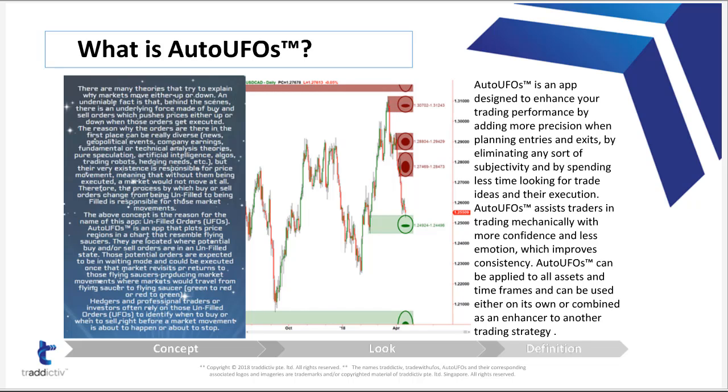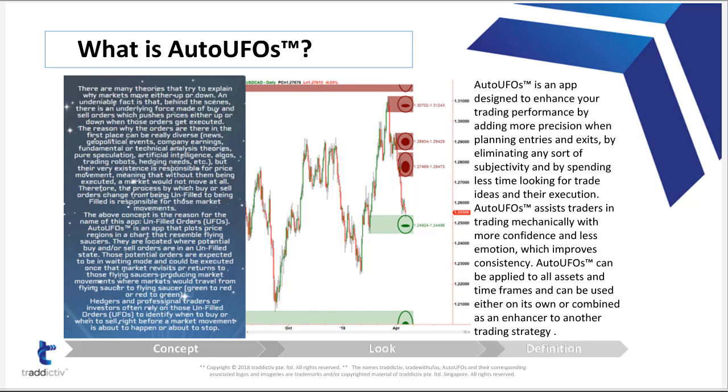So that's the idea. AutoUFOs assist traders in trading mechanically with more confidence and less emotions, which improves consistency. So two more concepts here. Trading mechanically, I mean, the goal of any trader is always to produce consistent results, and this can only be achieved by having consistent action in place.